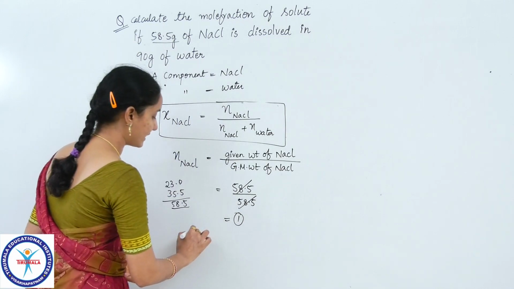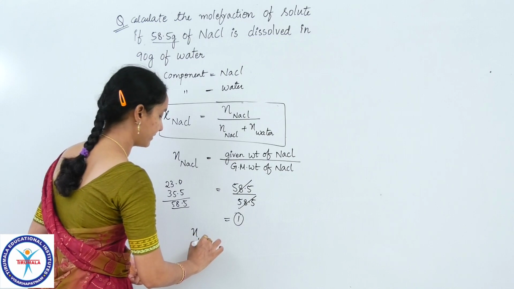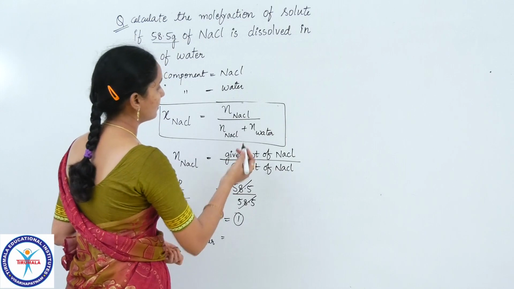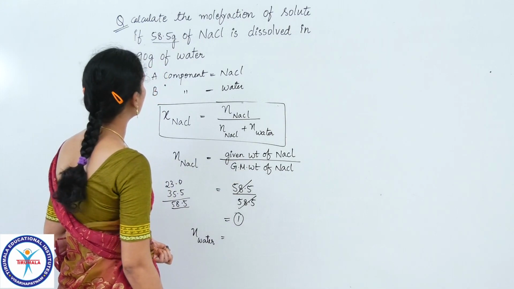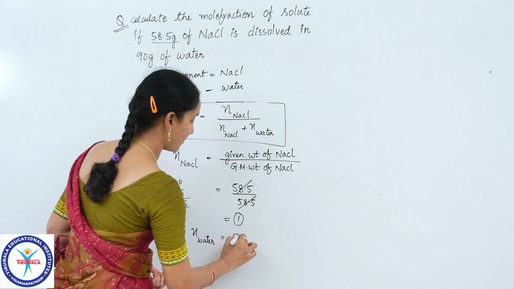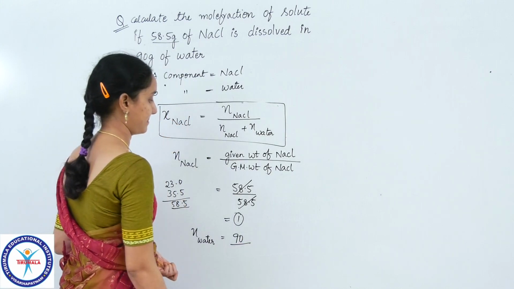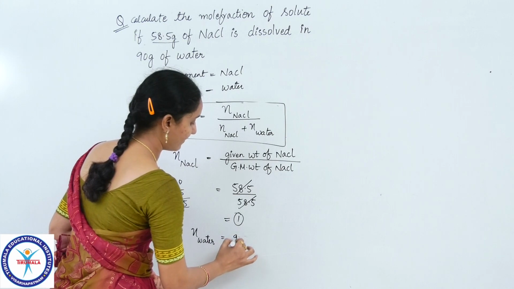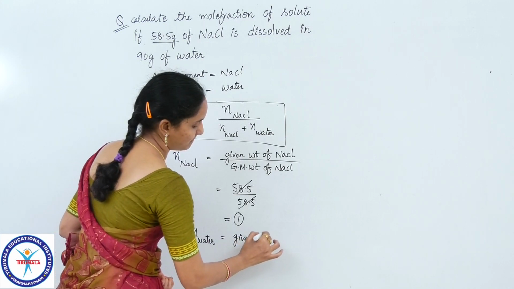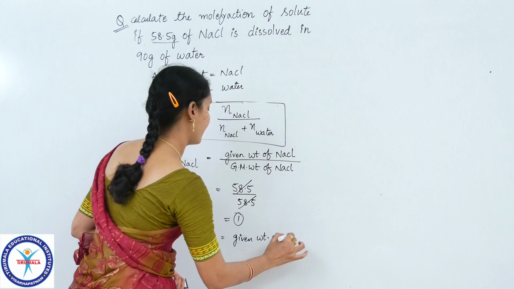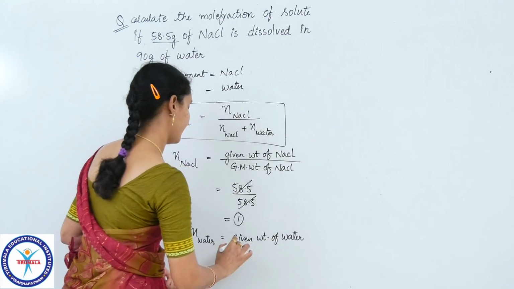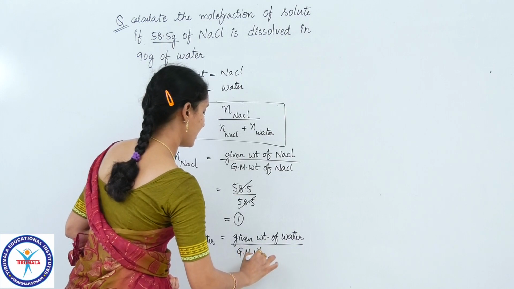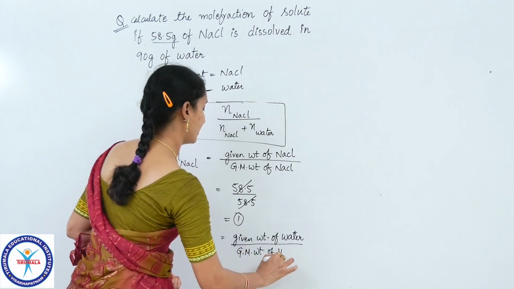Now we are calculating the number of moles of water. So number of moles of water is equal to given weight of water divided by gram molecular weight of water.